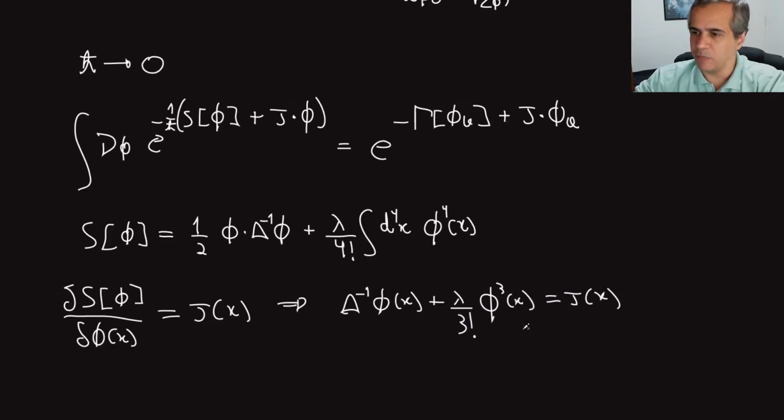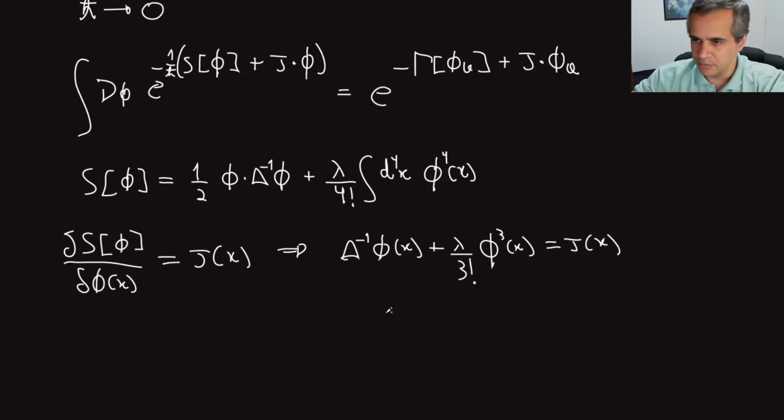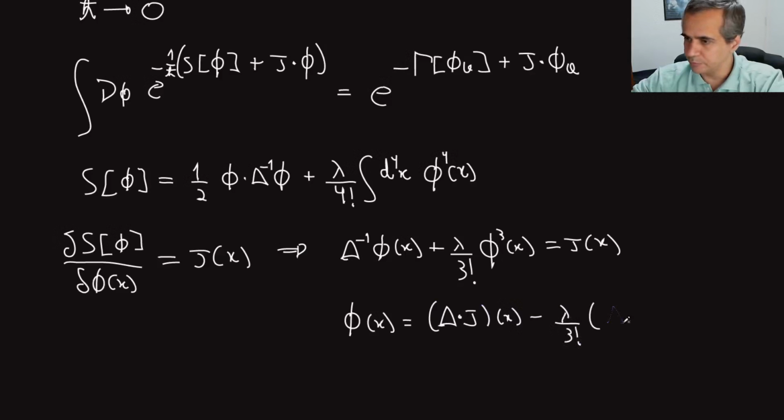And I can formally solve this equation just multiplying by the inverse of this operator, and write phi of x is equal to delta scalar j, which is a function of x, minus lambda over 3 factorial delta phi cubed, which is also a function of x, right?